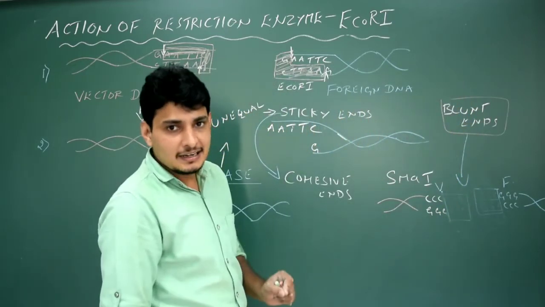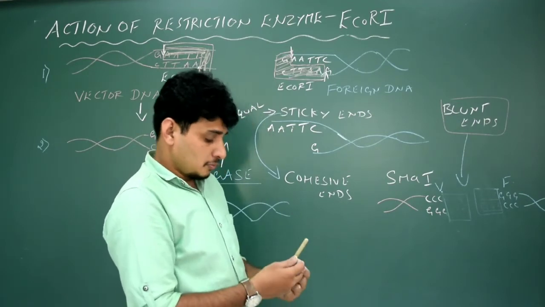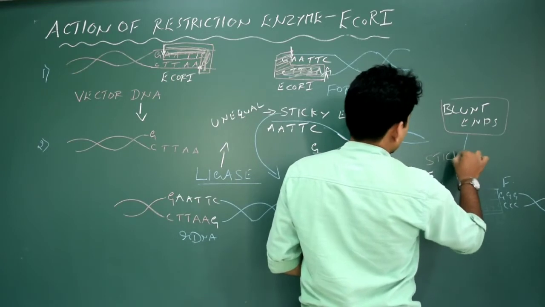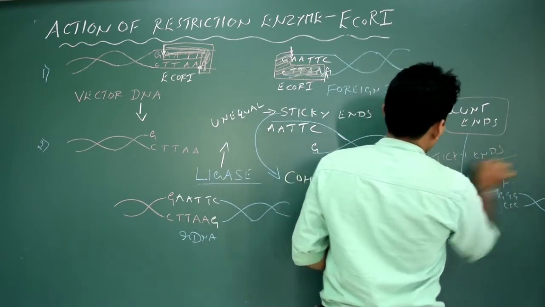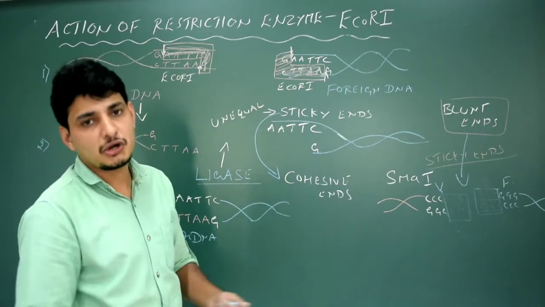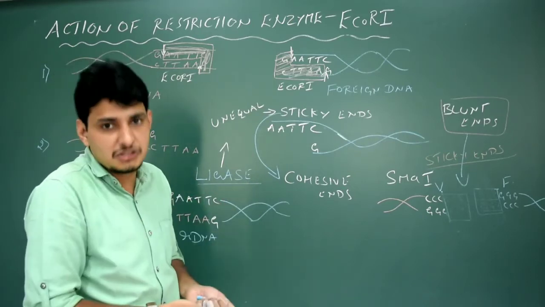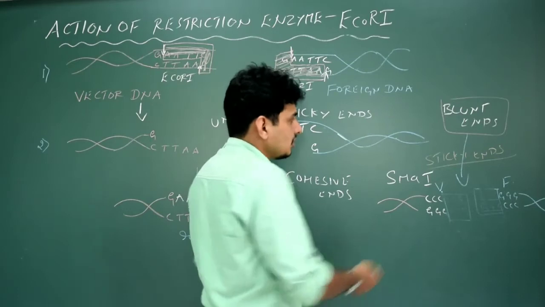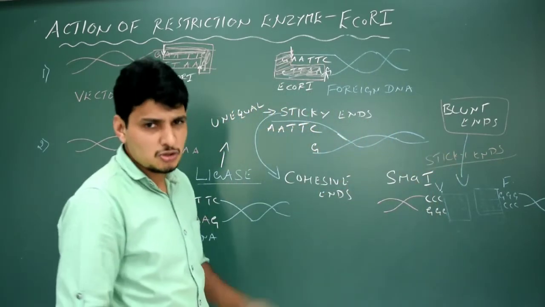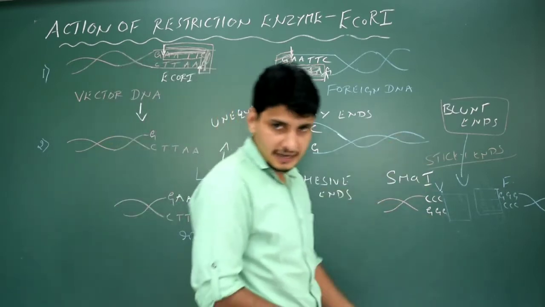The main drawback of the production of blunt ends is that it will not produce sticky ends. If sticky ends are not produced, obviously it will be very difficult for the ligase enzyme to join them. So we need an extra procedure for it. What is this extra procedure if blunt ends are produced from a restriction enzyme? There are so many restriction enzymes which produce blunt ends.